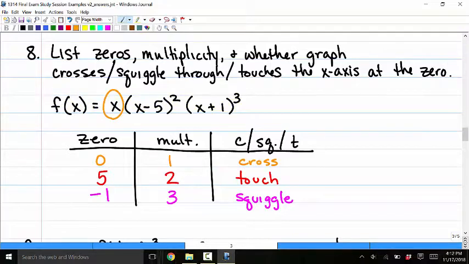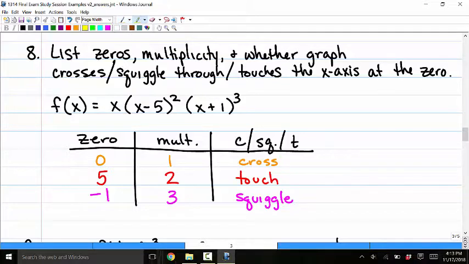So this first one, when I set it equal to 0, I get the zero x equals 0. You're raising it to the first power, so the multiplicity is 1. And since the multiplicity is odd and it's 1, we know that it just crosses the x-axis at that zero.